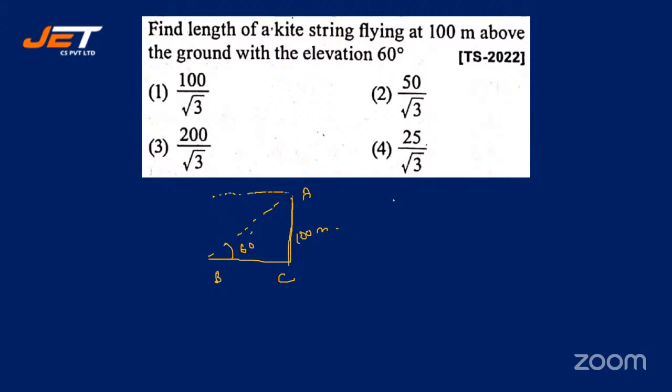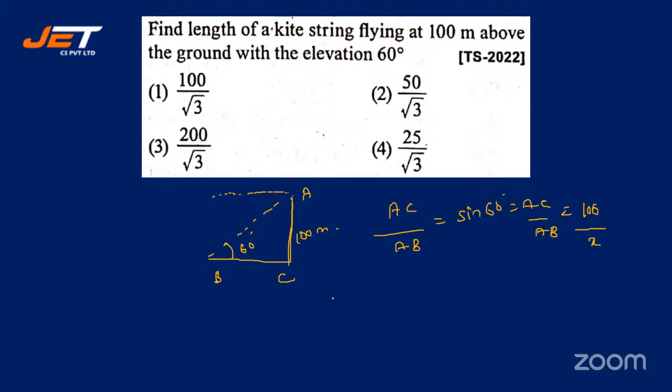Right? So which is AC by AB. So opposite side by hypotenuse is nothing but sine theta. That is sine 60 is AC by AB, which is, what is AC? It is 100 by X. Right?